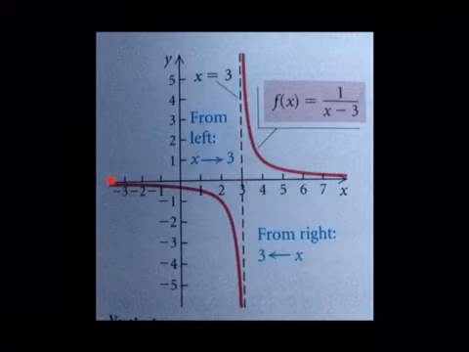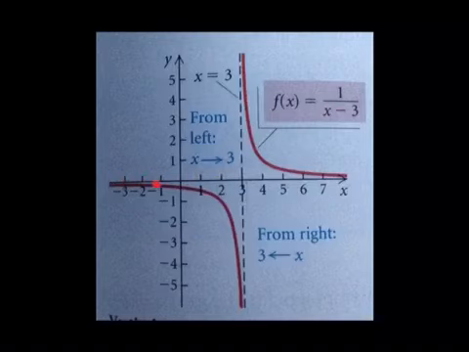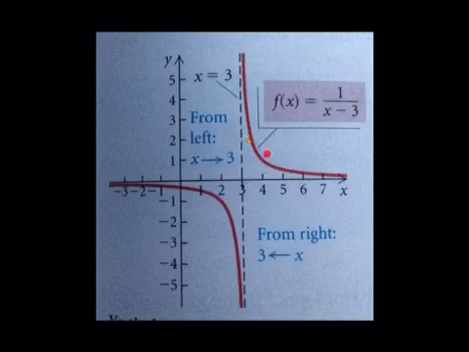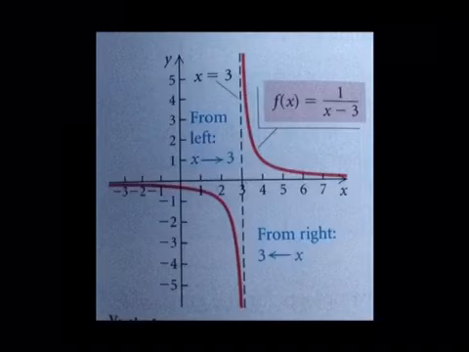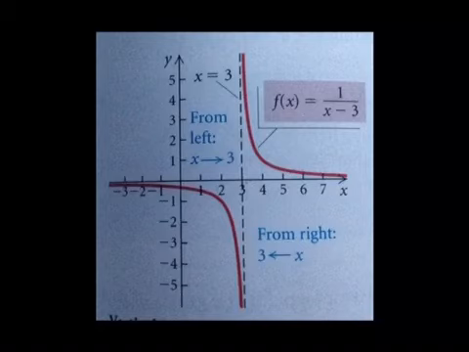All right, so x can approach 3, and as x approaches 3 from the left, the y value gets more and more negative. As it approaches 3 from the right, it gets closer and closer to 3, and the y value gets bigger and bigger. And notice, when we're talking about these graphs, we're always approaching the asymptote, from the left and from the right.